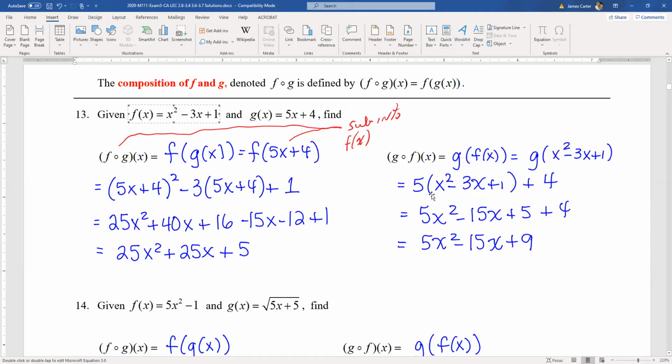So I've got 5 times f of x. I distribute that 5, combine like terms, and I get 5x squared minus 15x plus 9.